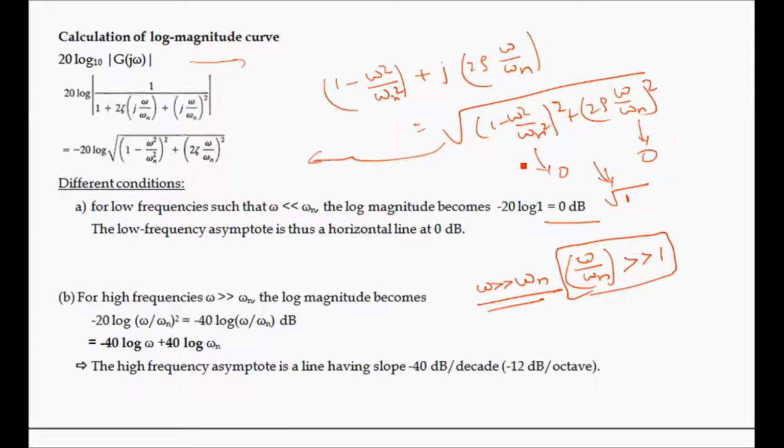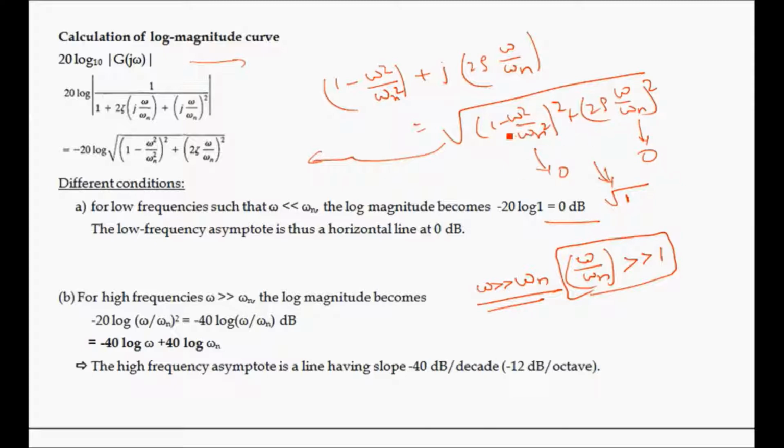So clearly we have two components in the form of omega divided by omega n, the first in the square form and the other in the linear form. We can definitely ignore the linear form.